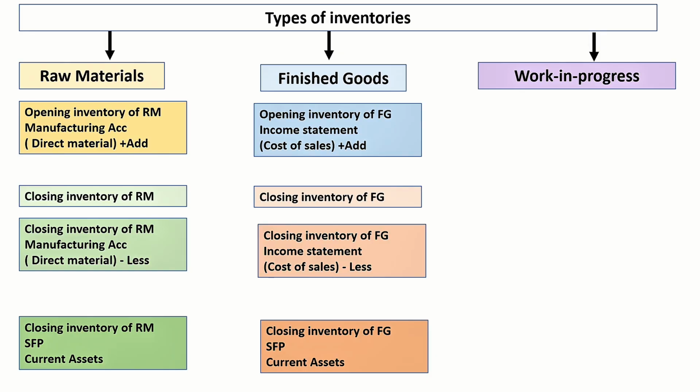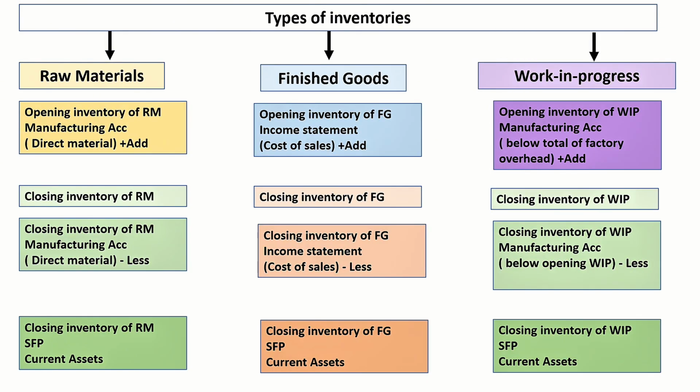Whereas the closing inventory of finished goods, this is transferred to income statement under cost of sales, but it is deducted. Furthermore, closing inventory of finished goods is transferred to statement of financial position under current assets.